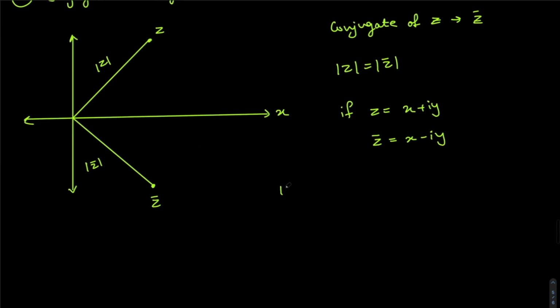If you remember, modulus is the square root of the real part squared plus the imaginary part squared. Similarly, the modulus of Z bar will be the square root of x squared plus minus y whole squared, which results in y squared only. So this is why both moduluses are the same.